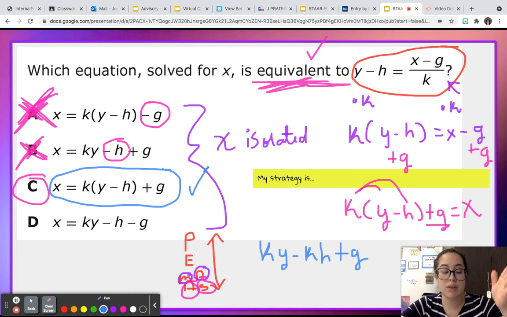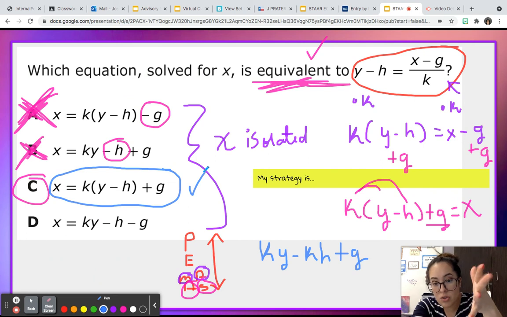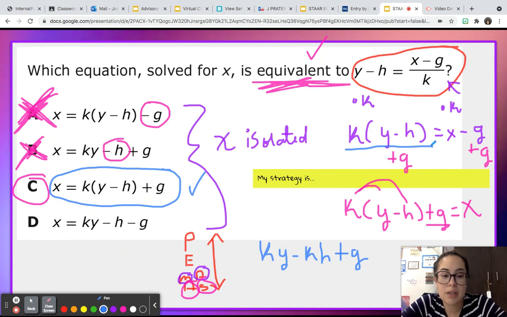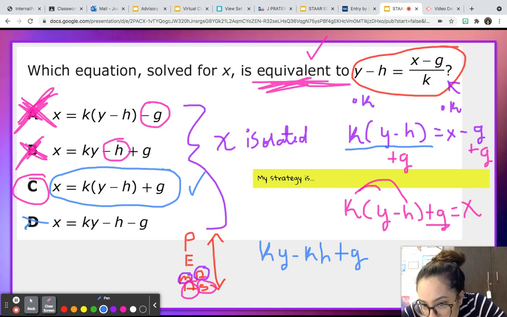In this problem, the answer was not with a distribution, it was pre-distribution, so with the parentheses and the k outside of it. But if it did have the full-on distribution, we would have to multiply k to y and h. So this piece right here would have been ky minus kh, okay?